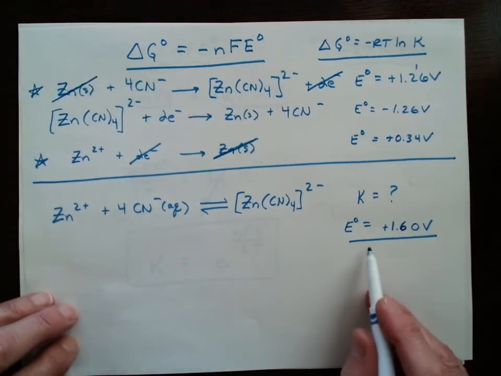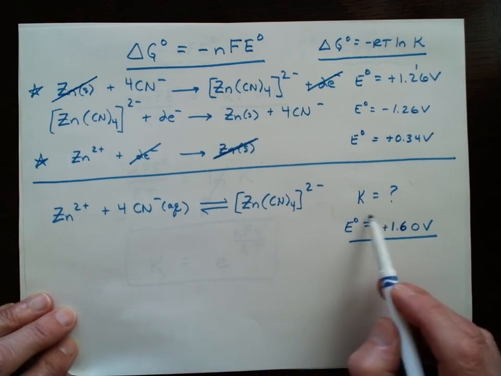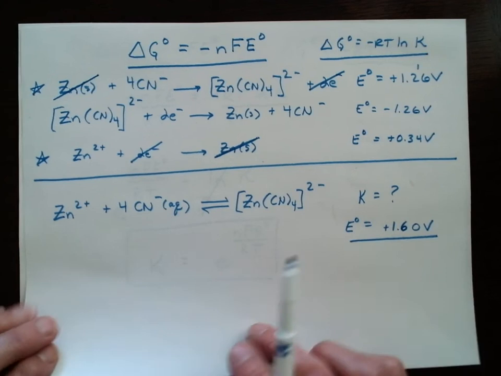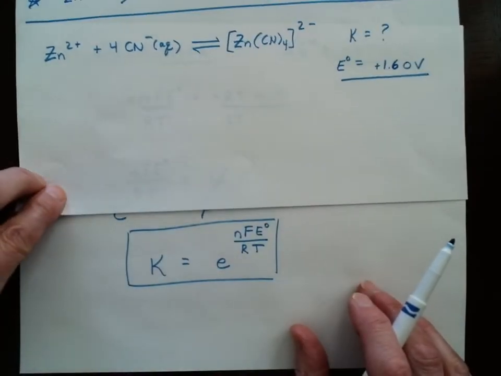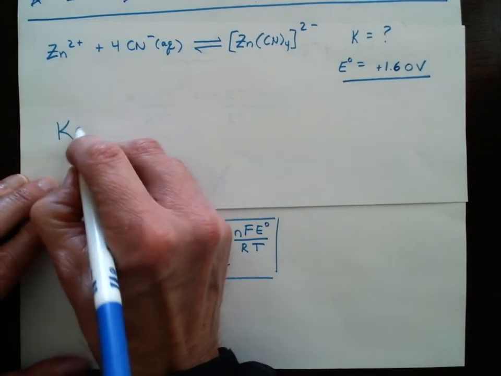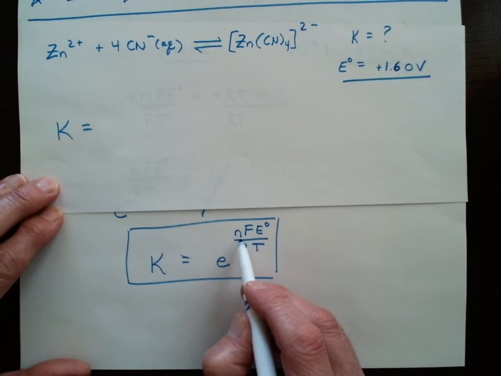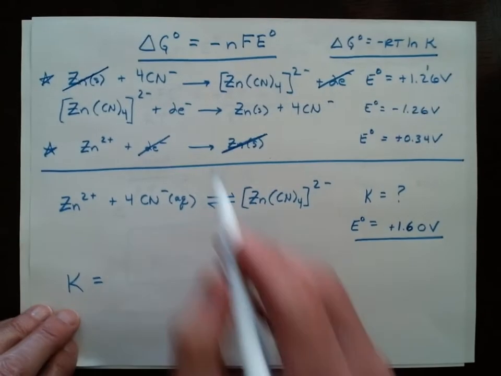Now I want to calculate the equilibrium constant for this reaction. What is the numerical value of the equilibrium constant for this reaction? Here we just showed this reaction, didn't we? So let's try it. The equilibrium constant should be equal to n, the number of electrons transferred. Let's go back and check. There were 2, weren't there?